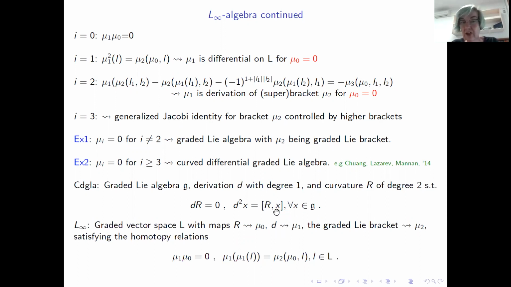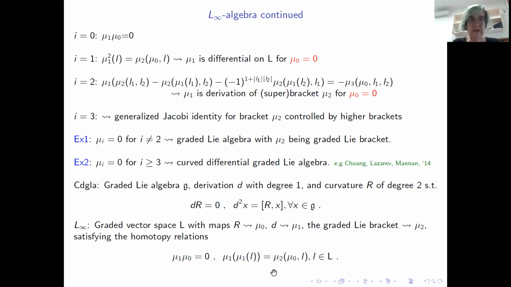Your derivation will be the mu1 map on your new L-infinity algebra, and your graded bracket will be map mu2, and then you will have only the first two non-trivial identities, which will give you exactly your curved differential graded Lie algebra.